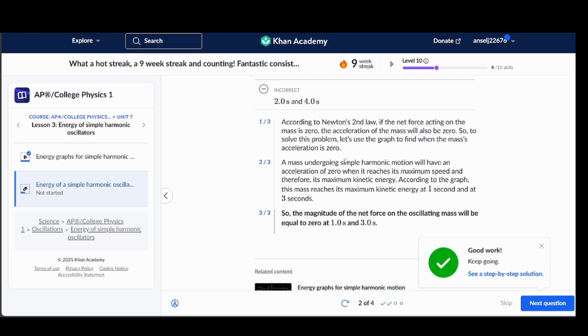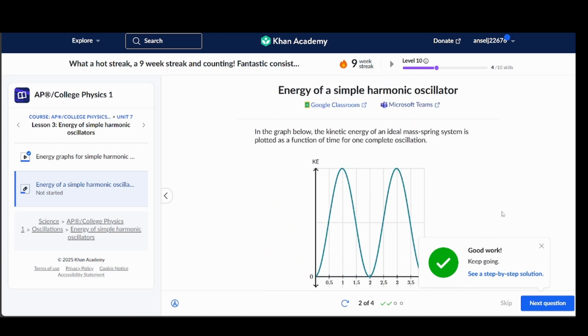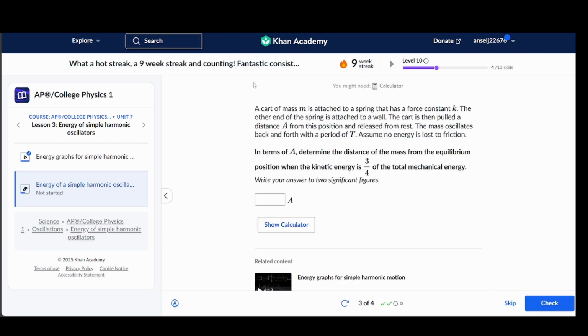According to the graph, this mass reaches its maximum kinetic energy at 1 second and 3 seconds. So the net force on the oscillating mass will equal 0 at those times. I think I understand. You guys understand.